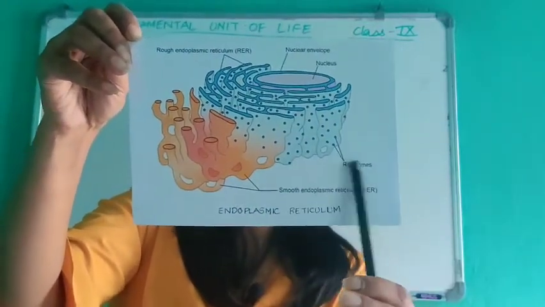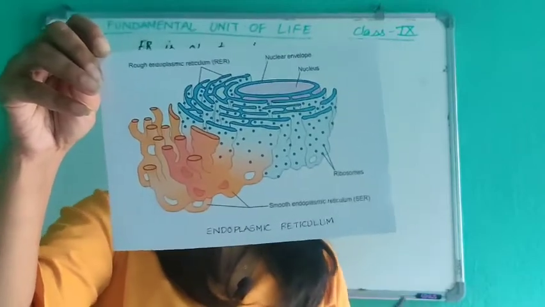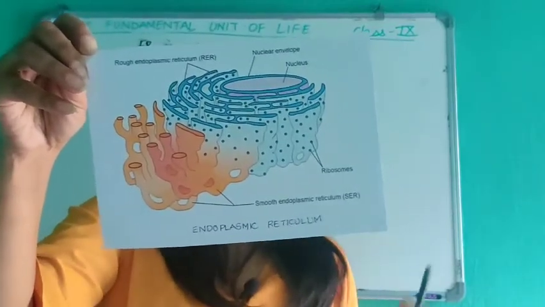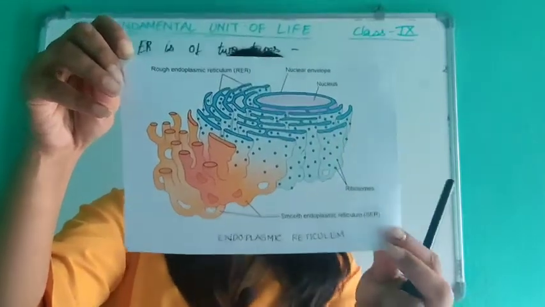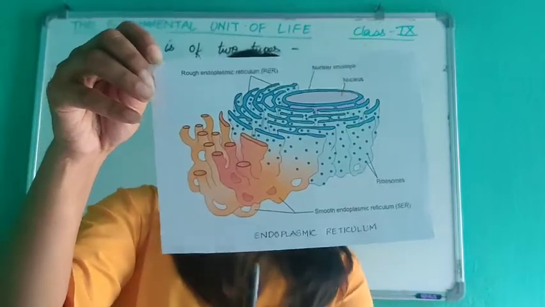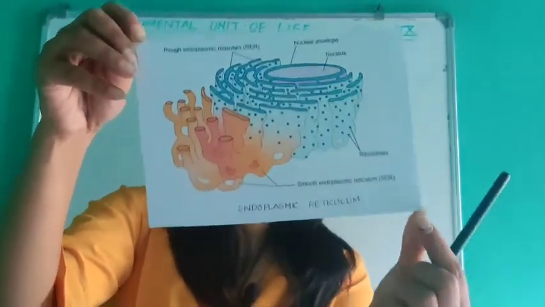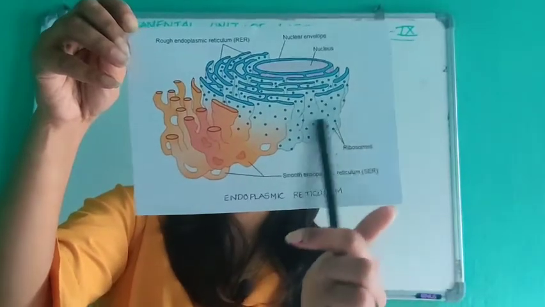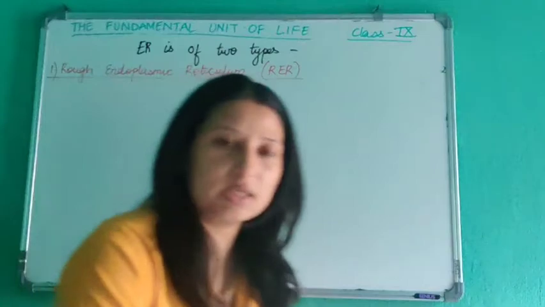So these are the ribosomes. On the surface of rough endoplasmic reticulum, ribosomes are attached, whereas in case of smooth endoplasmic reticulum, there are no ribosomes. Smooth भनेको चिल्लो हो नि त. So यहाँ ribosomes छैन, so these are smooth. Whereas in case of rough endoplasmic reticulum, ribosomes are attached, so these are rough endoplasmic reticulum.